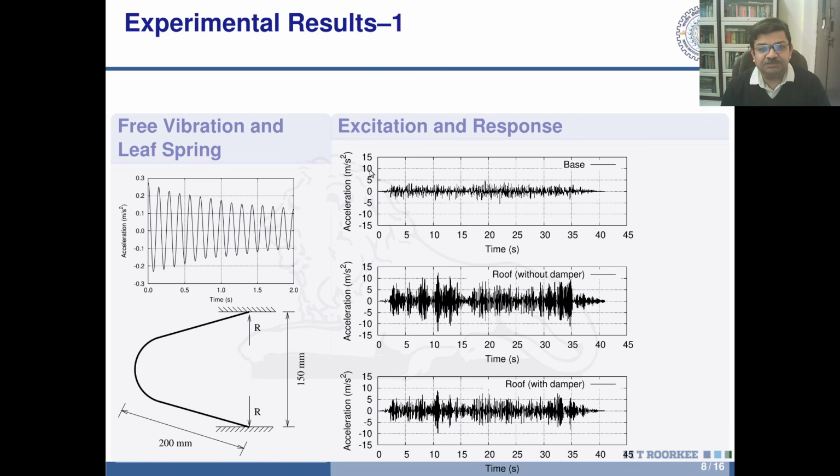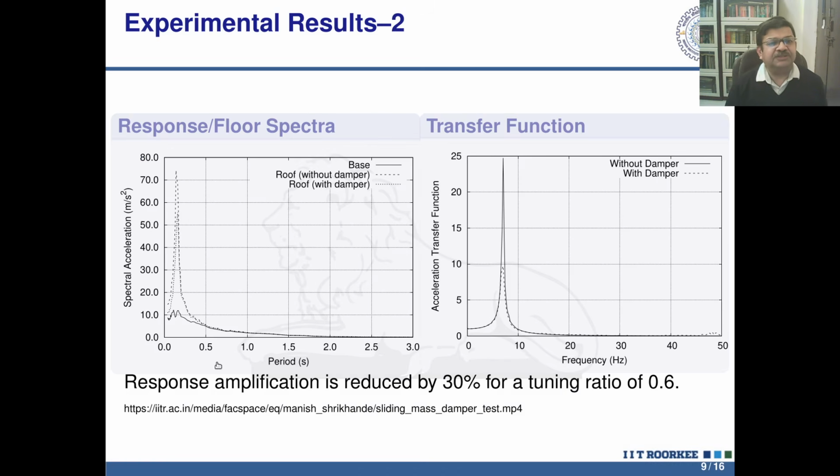The scale is kept uniform for all three time histories so that the difference is visually clear. From approximately 15 meter per second squared, it is reduced to about 10 meter per second squared peak roof acceleration. And here also accordingly. So we can have a more quantitative result.